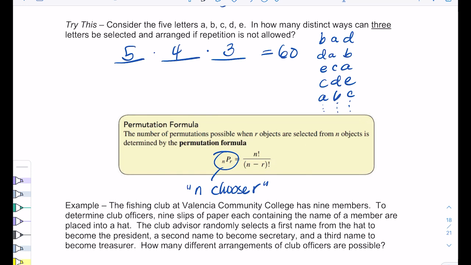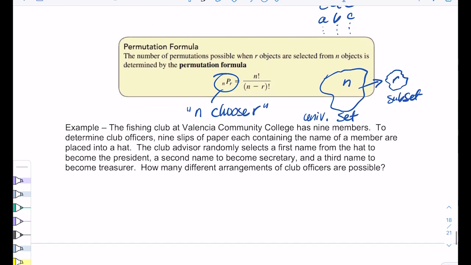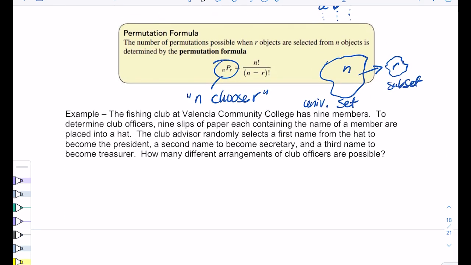If we think of sets, N would be the bigger set, and from N we take smaller sets, R. So think of N as your universal set, and R is a subset, so it's a smaller set. R will always be smaller than N.